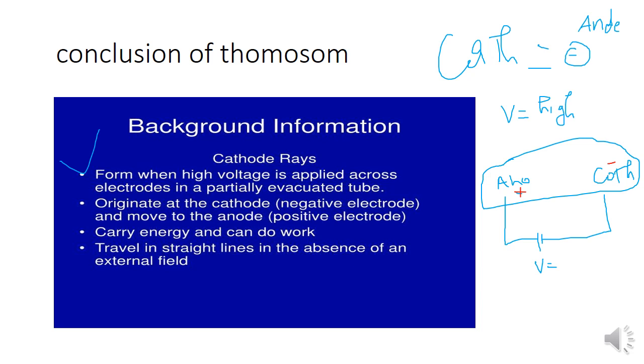Noneho yifashisha iyi cathode rays, hano bari kutubwira ngo originate at the cathode, the negative electrode. What is the observation? They travel in a straight line in the absence of an external field. Then we are going to see it clearly in the next slide.